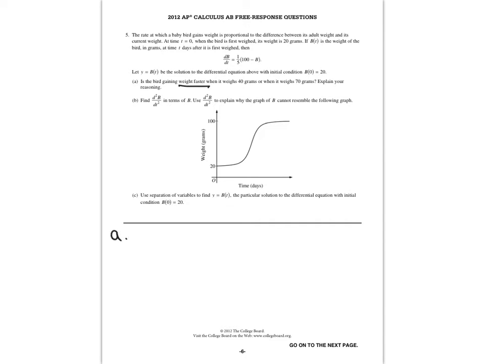So with part A, we're going to evaluate dB/dt at 40. And that means its rate of change is 12 when it weighs 40 grams. So its rate of change is 12 grams per day.